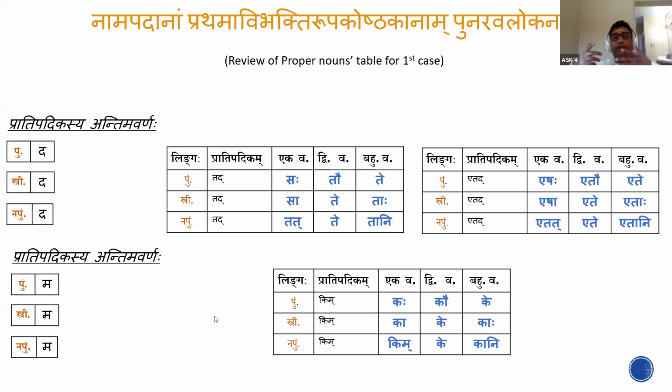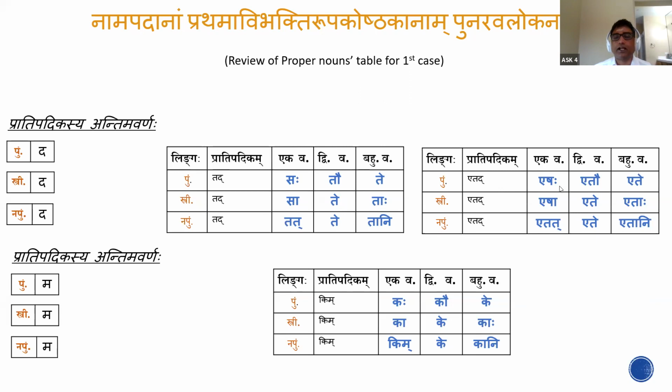So let us quickly cover. Now a similar idea to complete it. These are sarvanamas, very easy. Saha taute, sa te taha tate. I'm just refreshing your memory on the pradhama vibhakti of sarvanama. Saha taute, sa te taha tate tani. Remember this?